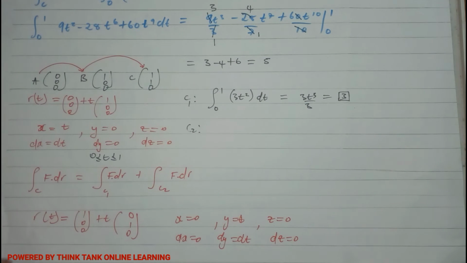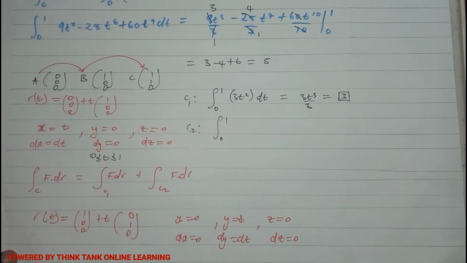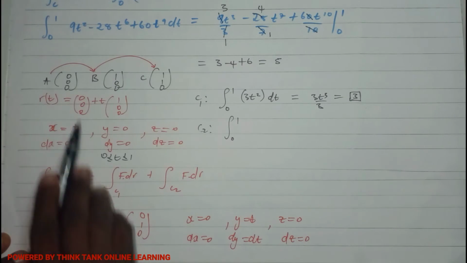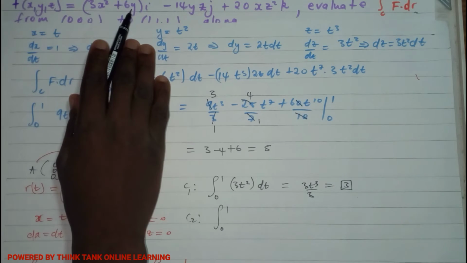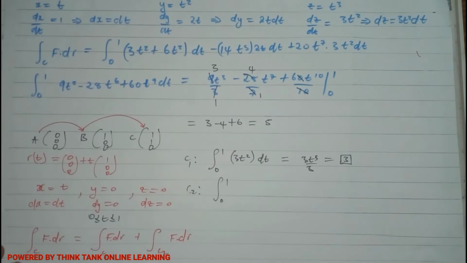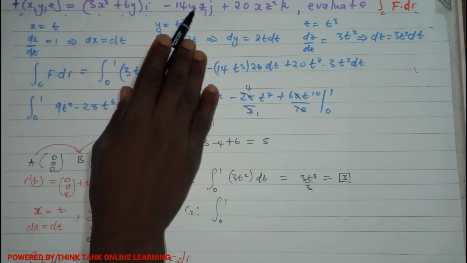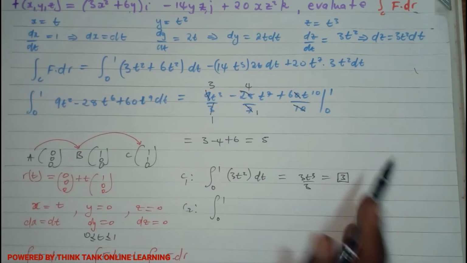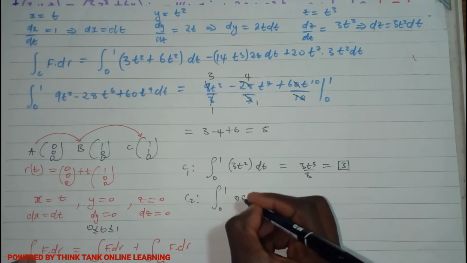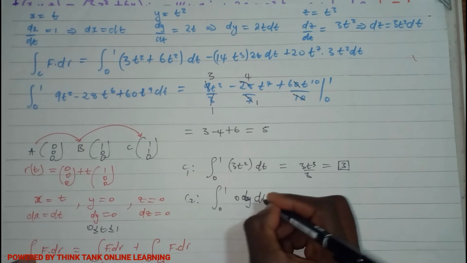Now let's evaluate our line integral for C2. The interval for t is 0 to 1. Then we have 3x squared. x is 0, and dx is equal to 0, so we have nothing there, and z is equal to 0, so nothing there either. We're just going to get 0 dt.